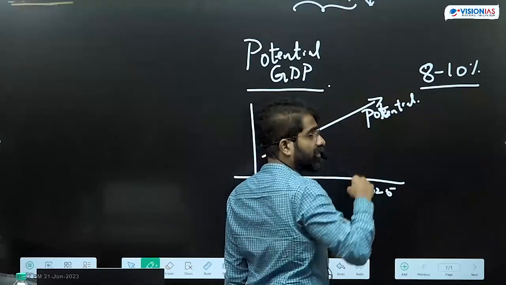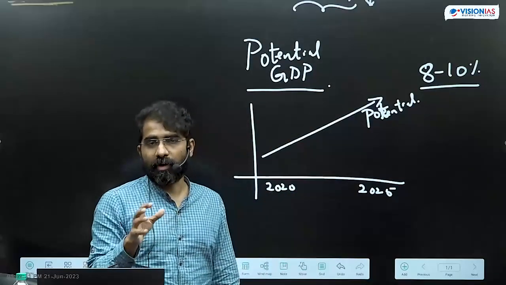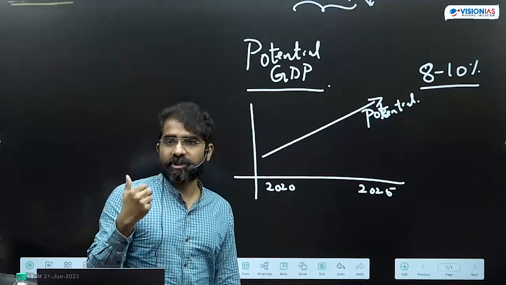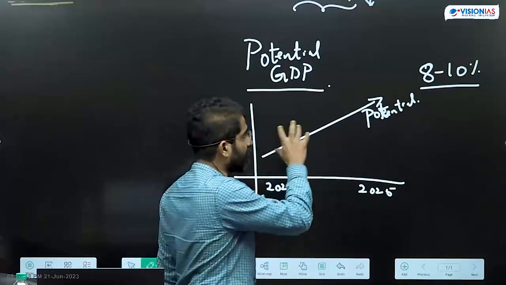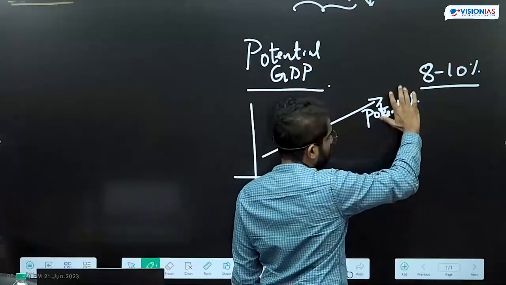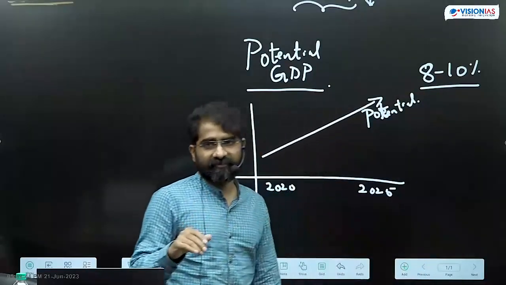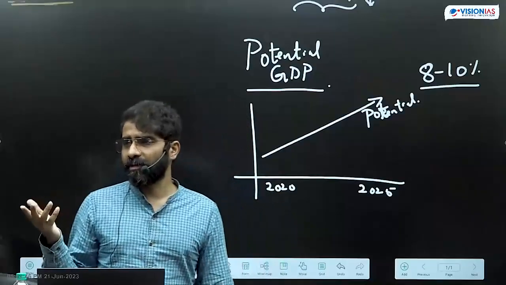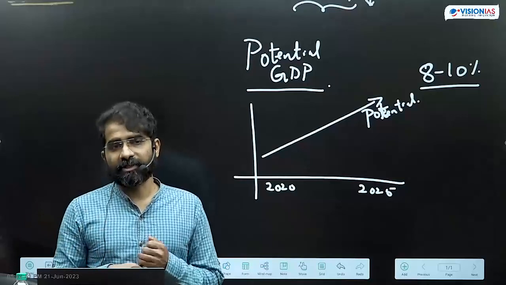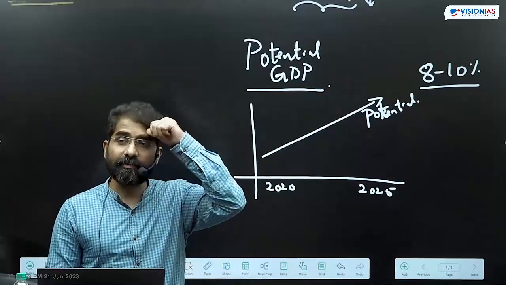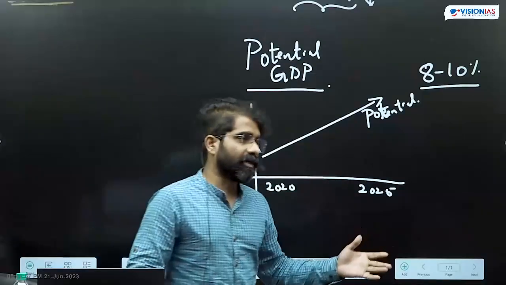When all its factors of production are completely used, land, labor, capital and entrepreneurship, what is the output which it is going to achieve without inflationary effect? In 2021 or 20, I am not able to recollect, this question was asked: what is potential GDP and what are the determinants of potential GDP?